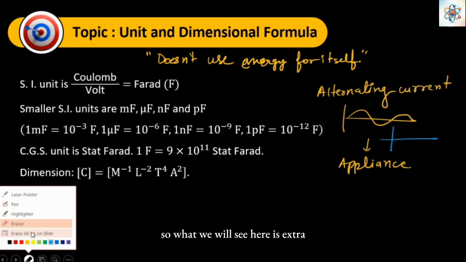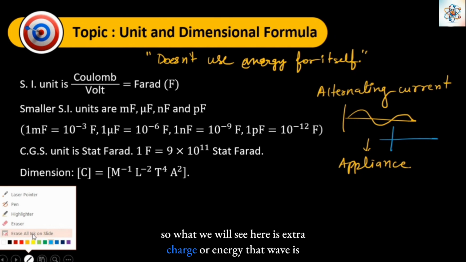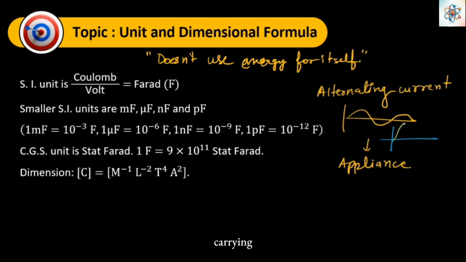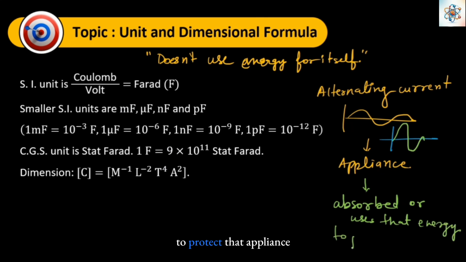So whatever extra charge or energy that wave is carrying, that extra energy is absorbed, or you can say the capacitor just bursts itself. It will diffuse itself in order to stop that supply of charge to the appliance. It absorbs or uses that energy somewhere to protect that appliance.